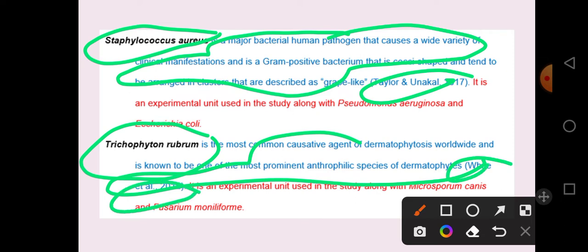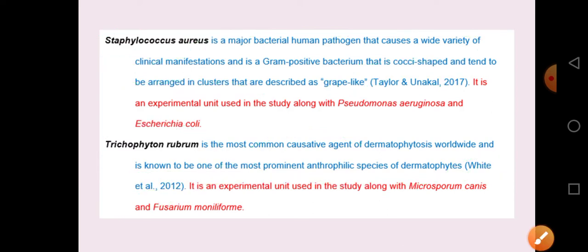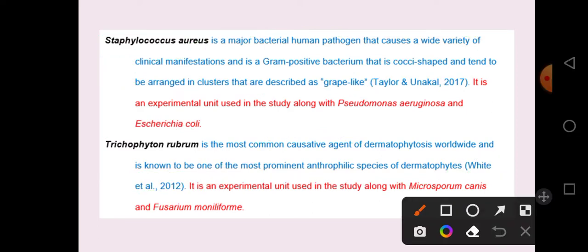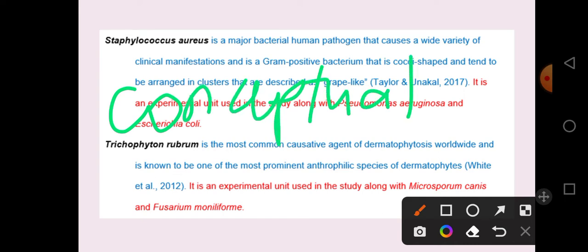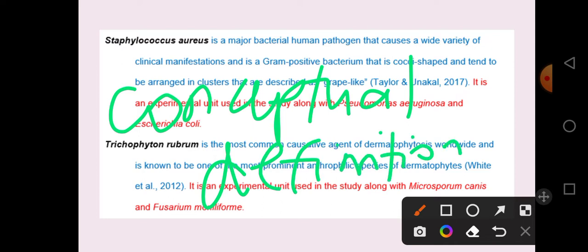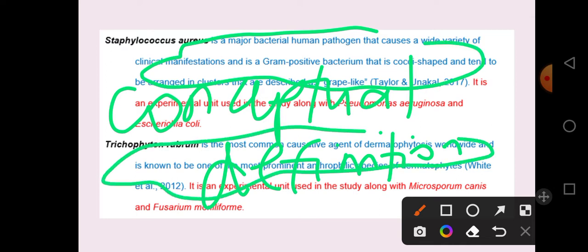And this kind of definition that is based on RRLs is known as conceptual definition. So again, those definitions that contain RRLs are known as conceptual definition.